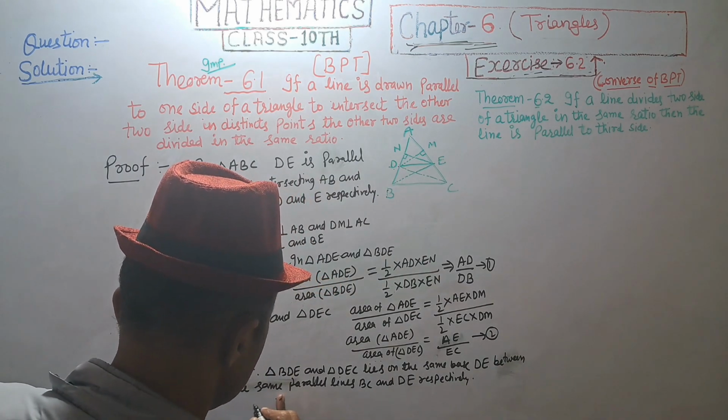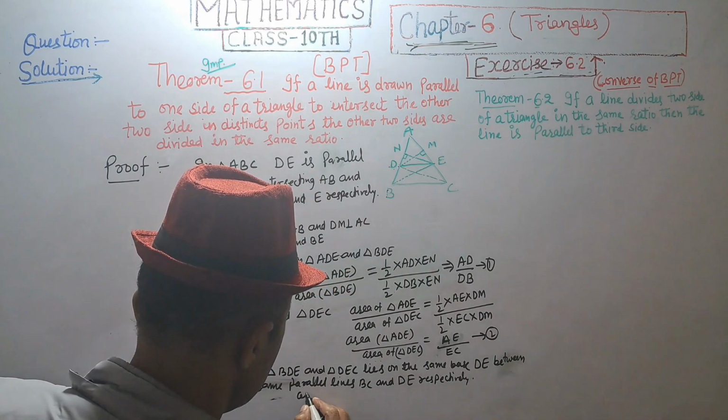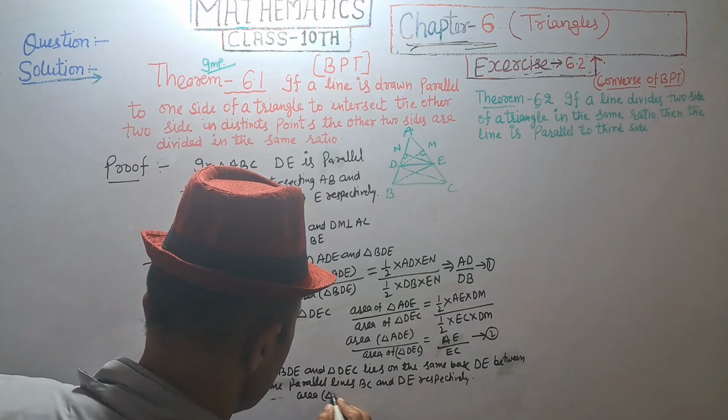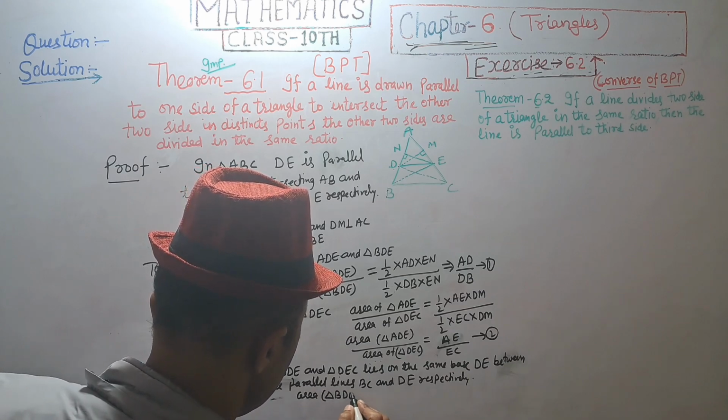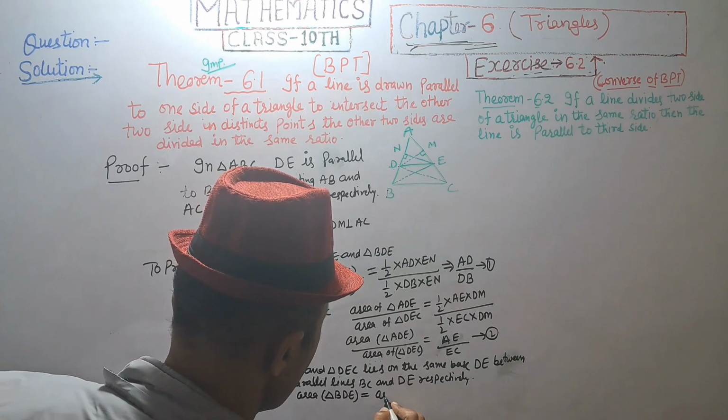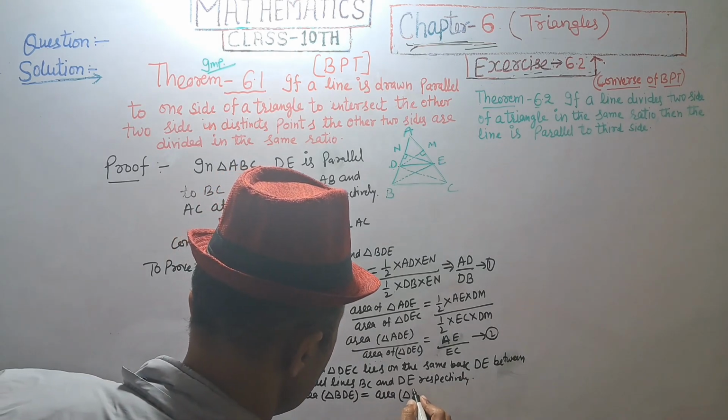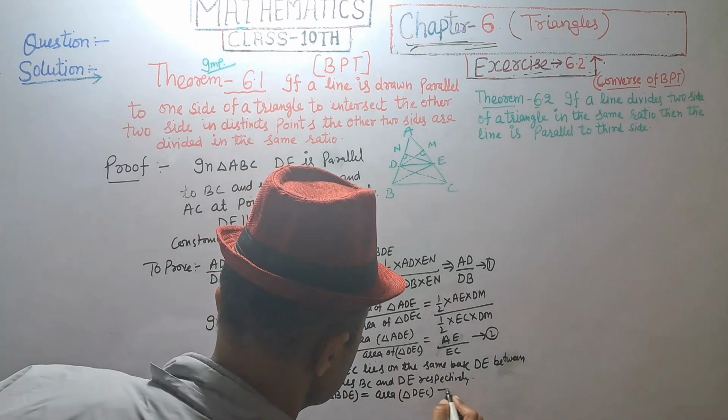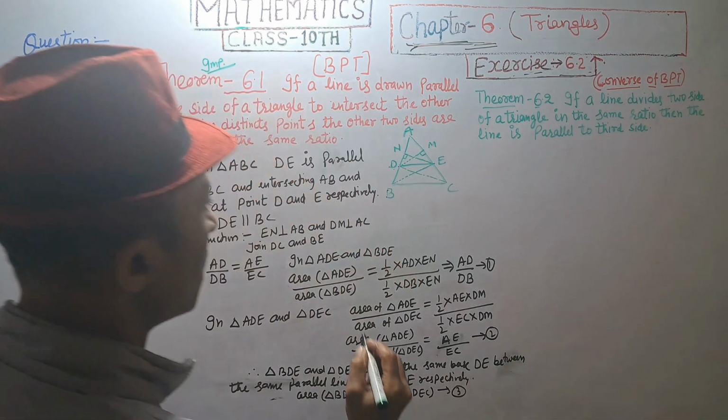So area of triangle BDE is equal to area of triangle DEC. It's equation number third.